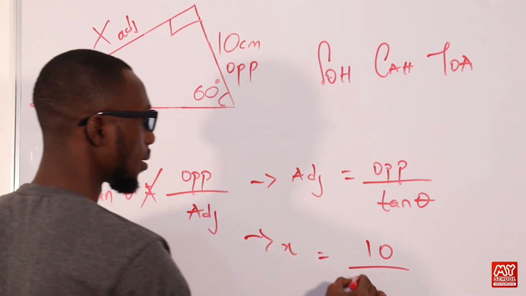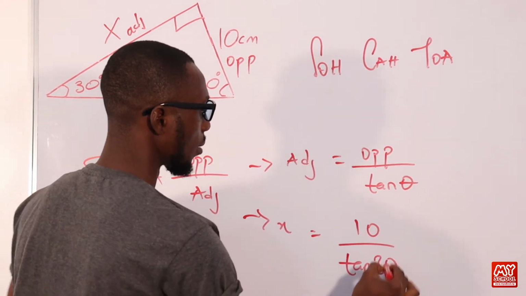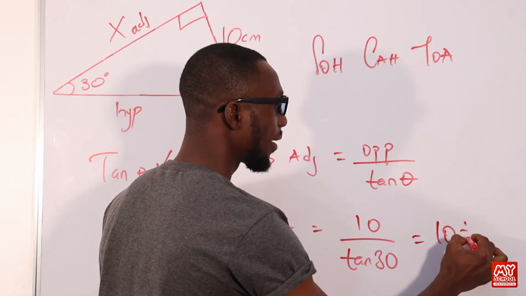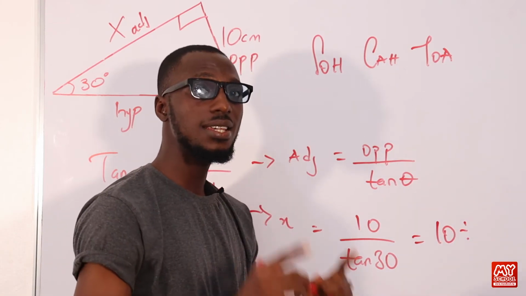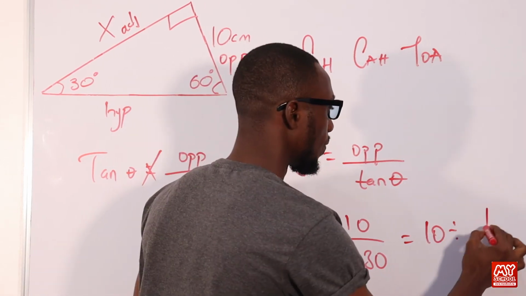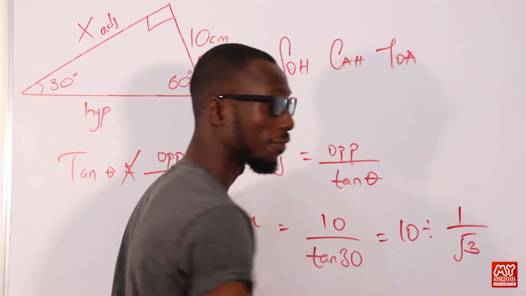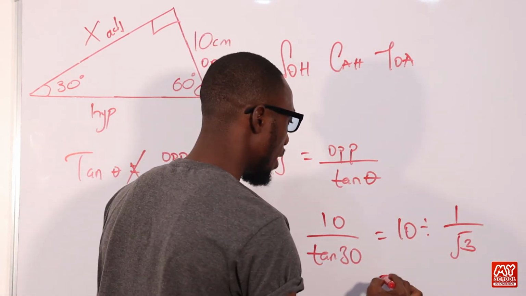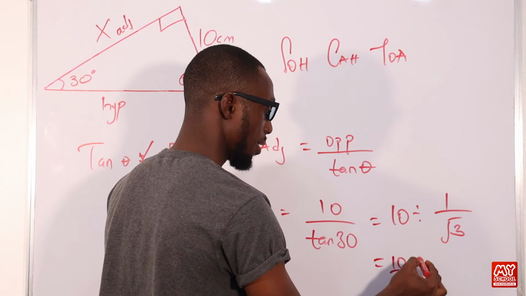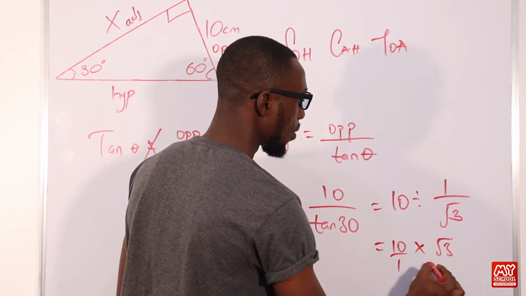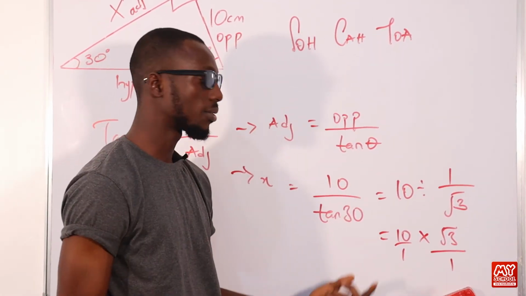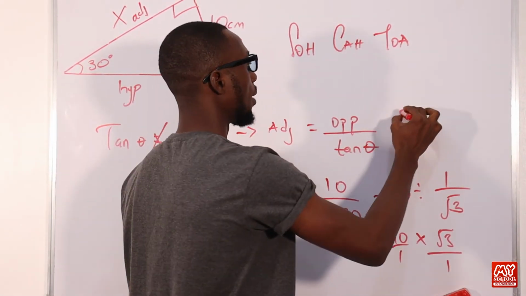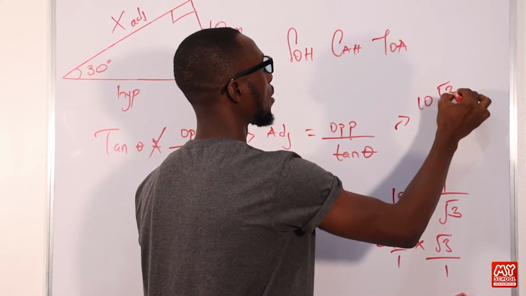Angle 30. Okay, so that will be 10 divided by tan 30, which is 1 over root 3. All right, if you bring it to short form, remember root 3 is 1.7, thereabout. So we would have 10 over 1 times root 3 over 1. Isn't it? So 10 times root 3 would have 10 root 3. Okay, so basically we should have 10 root 3.